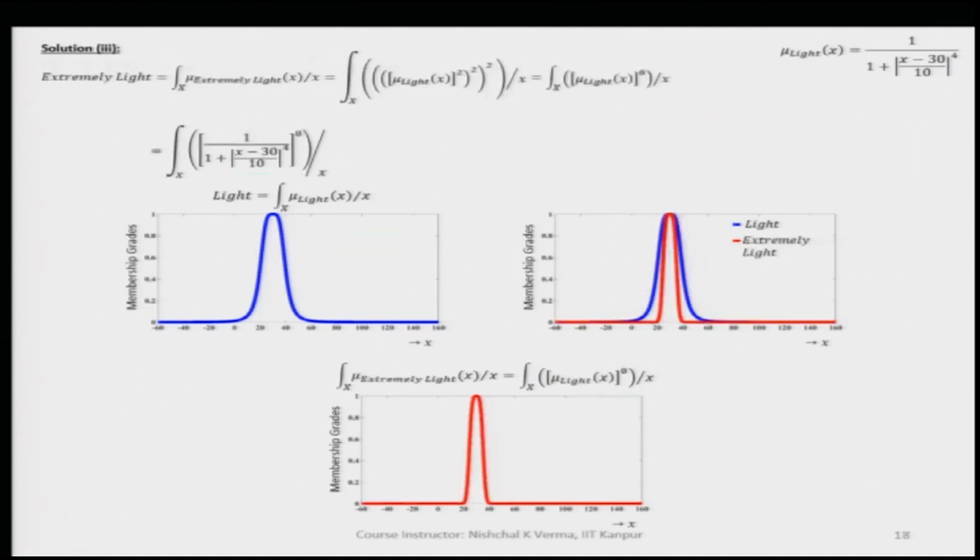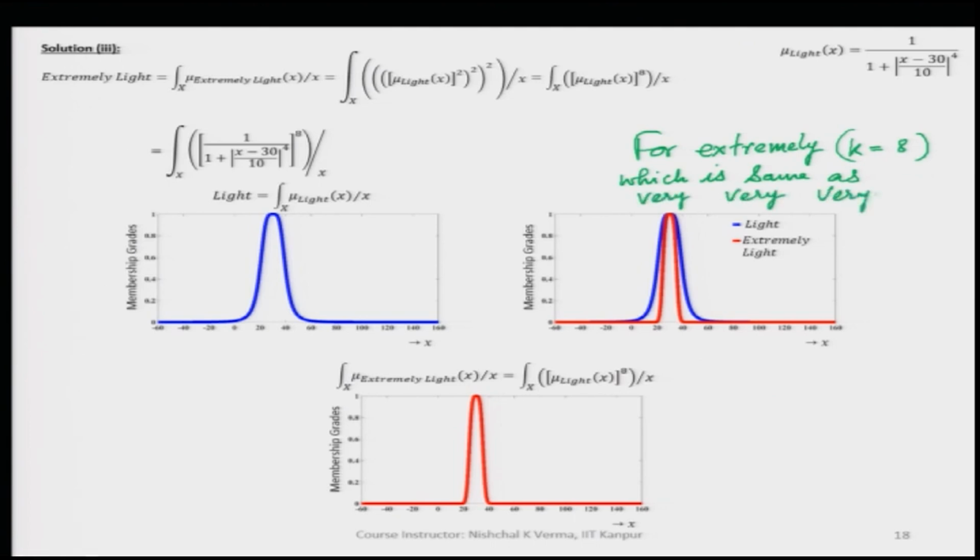Now, in case we are interested in extremely light, the value of k becomes 8. Extremely is the same as three times very.